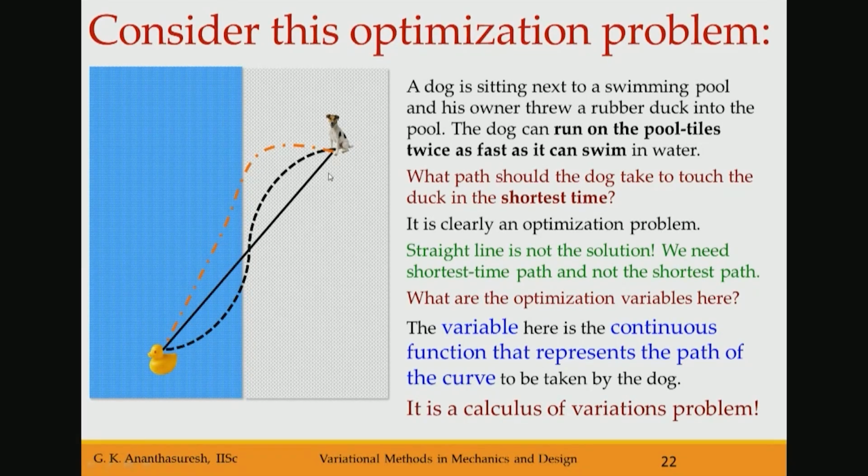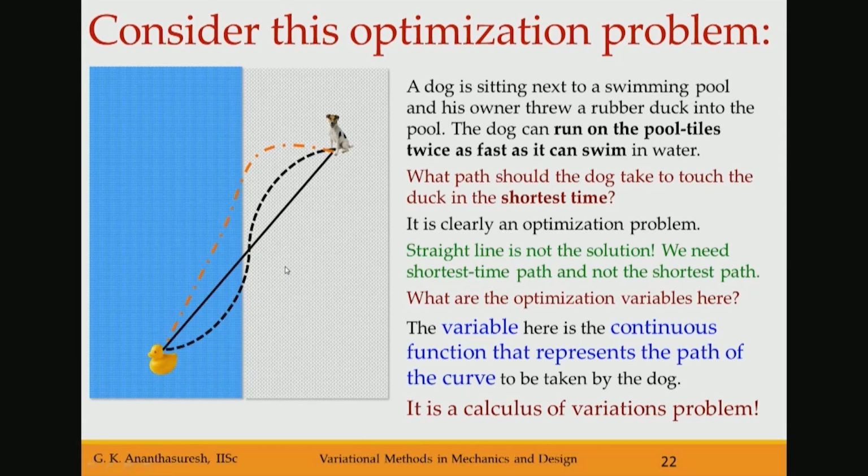So, instead the dog comes here and then goes this way, it can be shorter. For example, this dashed line, this path looks shorter in water compared to this line segment from here to here. I do not think the dog would do this unless the dog is sure that it can run fast, swim in water faster than running on the floor. But there are a lot of possibilities.